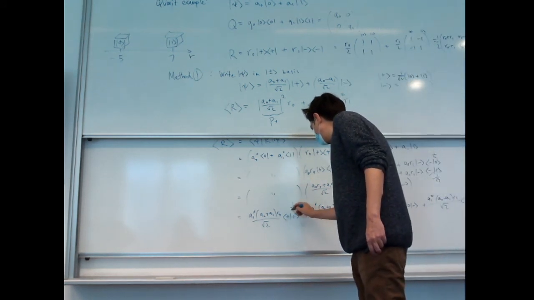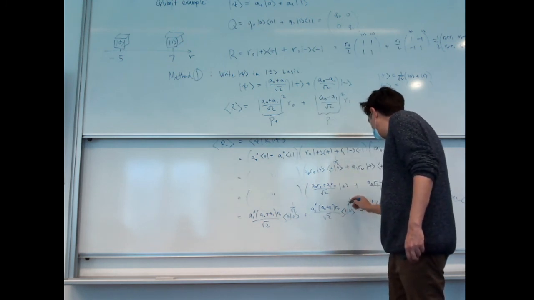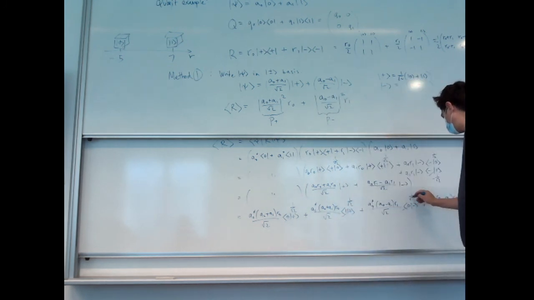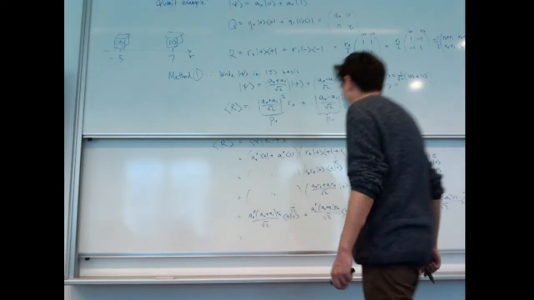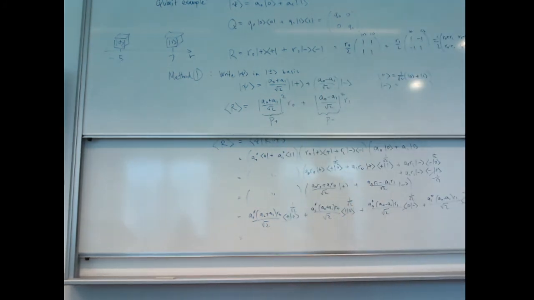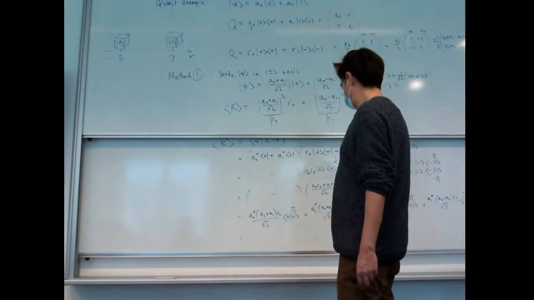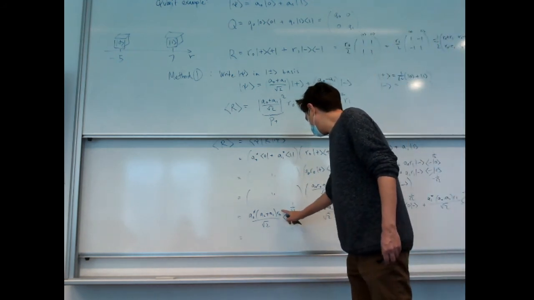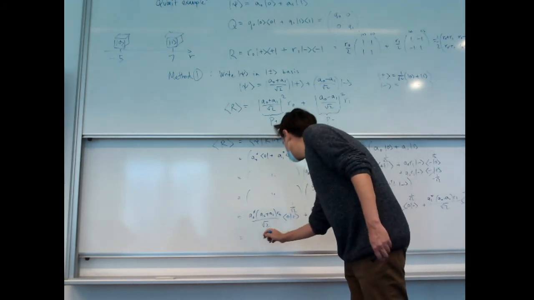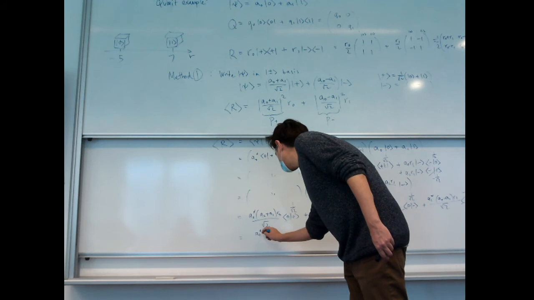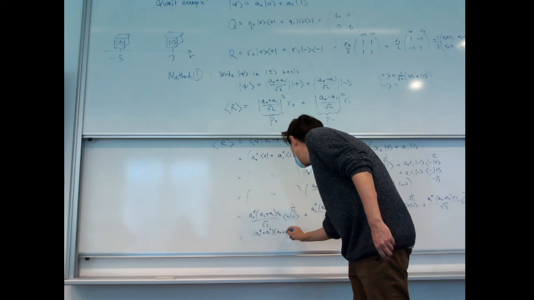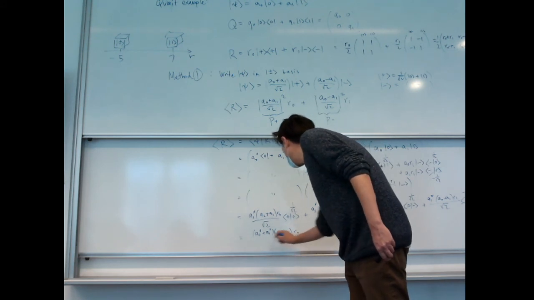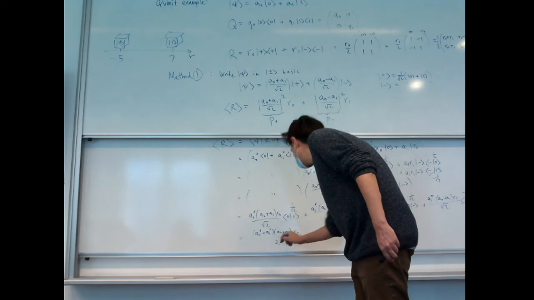This thing is 1 over root 2. This is 1 over root 2. This one is 1 over root 2. This one is minus 1 over root 2. Okay, let's hope this works out. So this term and this term we can factorize again: plus A1 star A0 plus A1 R0 over 2.